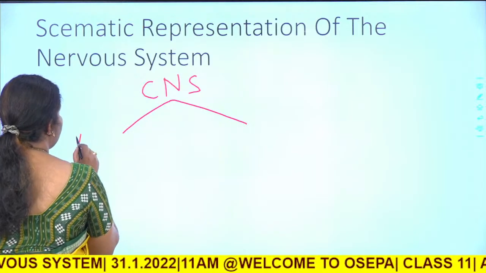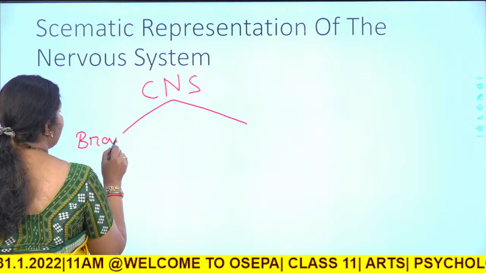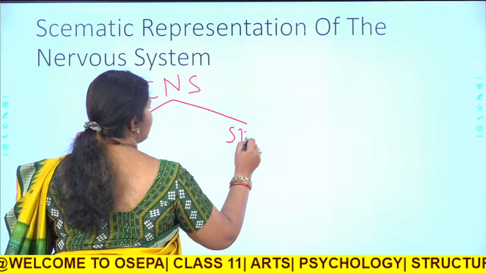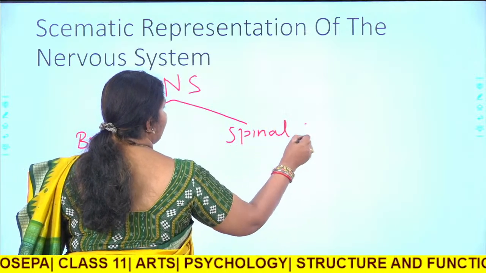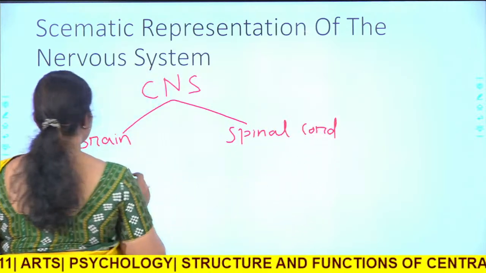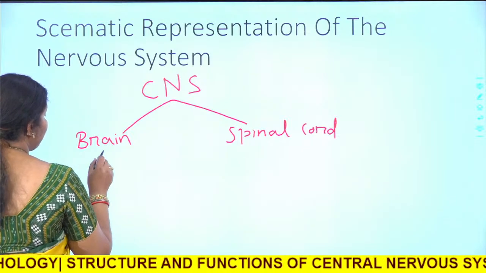The central nervous system is divided into two parts. One is brain, as I told, another one is spinal cord. Here the brain is again subdivided into three parts.